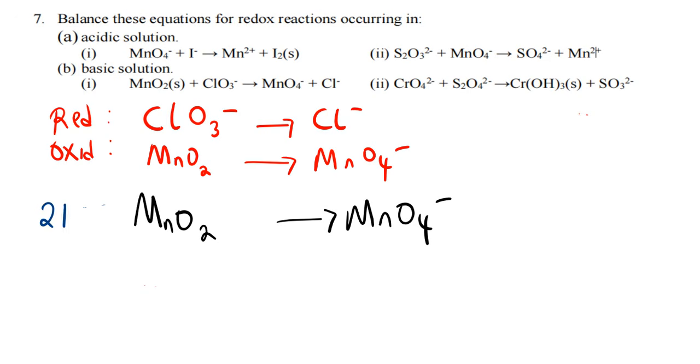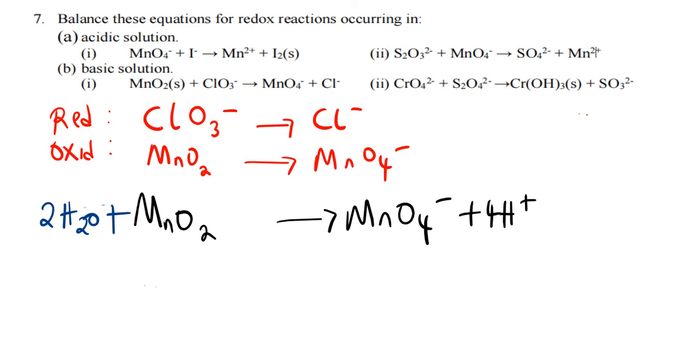Now, by virtue of adding these 2 water molecules, I now have 4 hydrogen. The way we balance hydrogens, we're just going to balance the way we balance in acidic media. So to balance hydrogen, I'm going to add 4H plus on the other side.